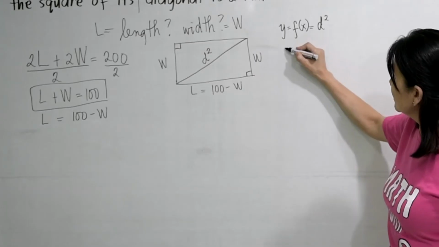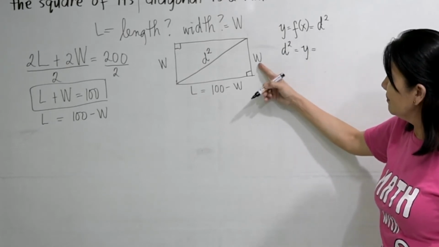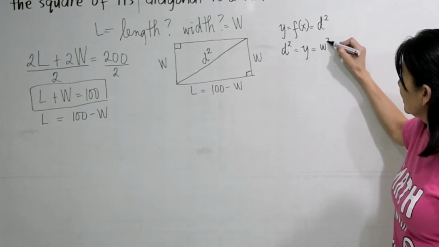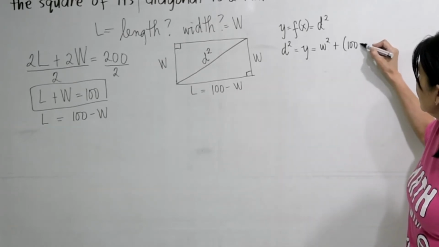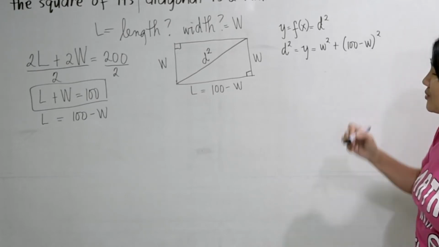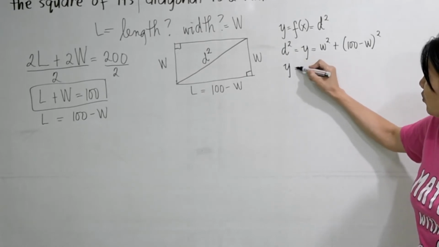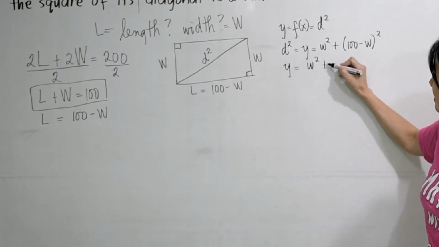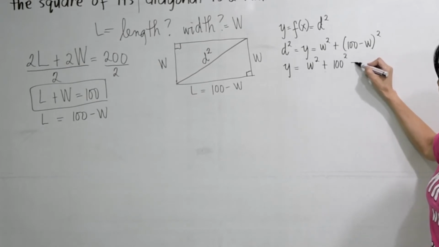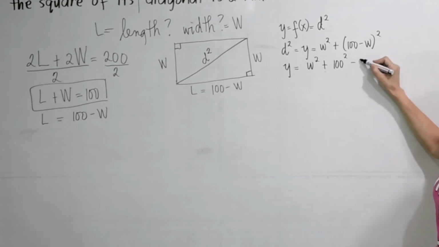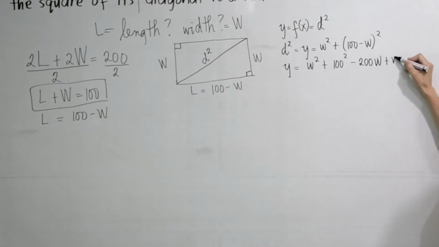So we have the square of the diagonal, our y, is equal to W squared plus the square of 100 minus W, quantity squared, using the Pythagorean Theorem. Simplify this, so y equals W squared plus, this is now 100 squared minus 100 times W is 100 W times 2, that's 200 W, plus W squared.